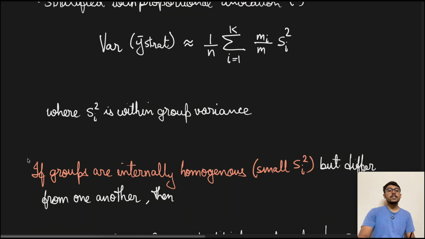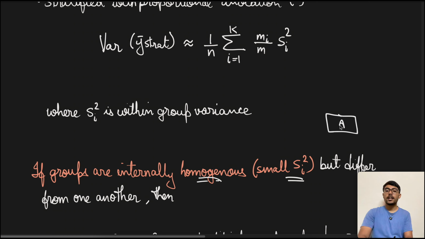Next, we see that if groups are internally homogeneous, meaning that the groups by themselves are well defined and hardly have any differences within them, this will lead to a smaller si, right? But they differ from one another. What does this mean?